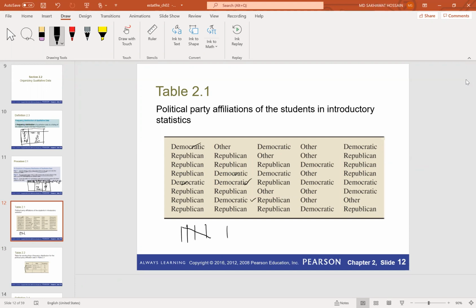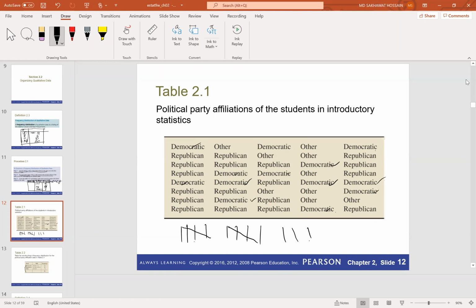Then we have one more, another one, another one, one more, another one. So we have 10 up to this. Then one more here and another one here. So in total 5 plus 5, 10, plus 3, 13.